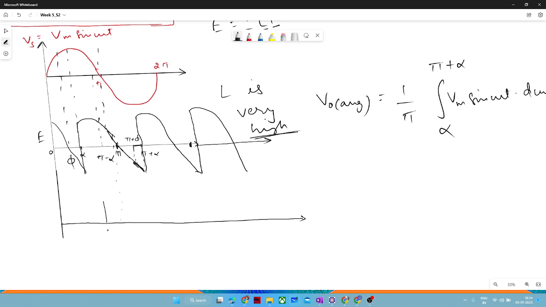Let's suppose your alpha is 120 degrees. It will start from 2 pi by 3 and follow the supply till pi only. After pi, it will follow your negative pulse, because your supply is negative and H3 and H4 have not yet come into the picture.